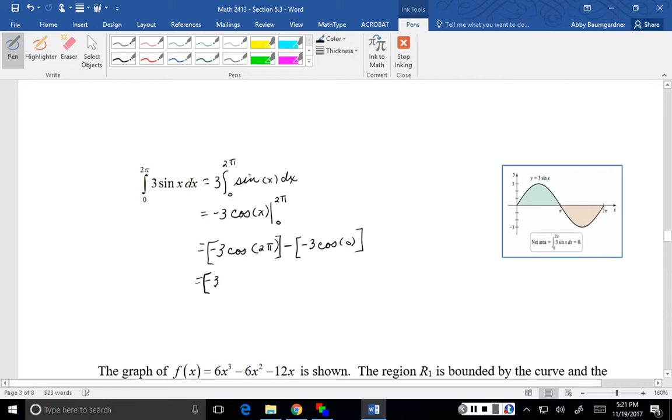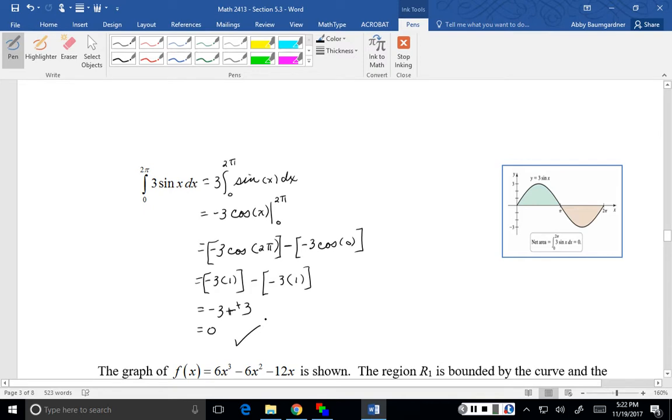All right, well, cosine of 2 pi is 1. Cosine of 0 is 1. So we end up with a negative 3 minus a negative 3, which gives us 0.